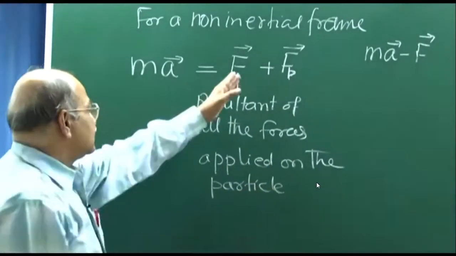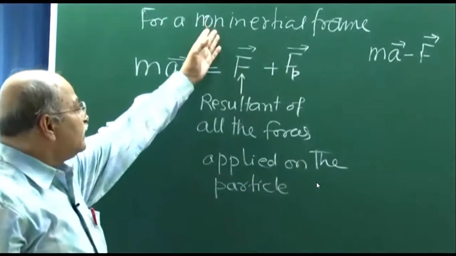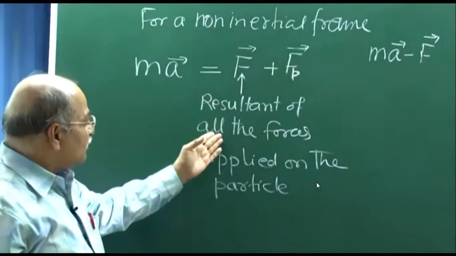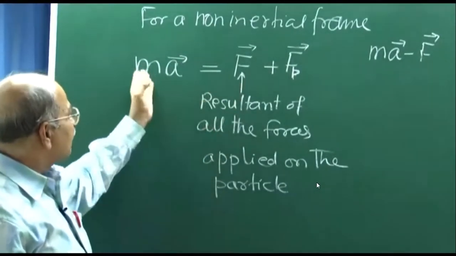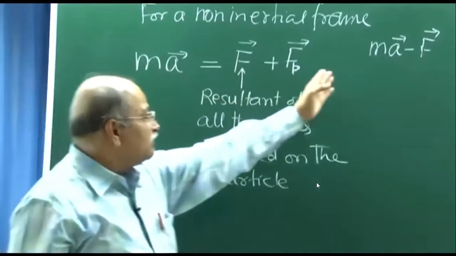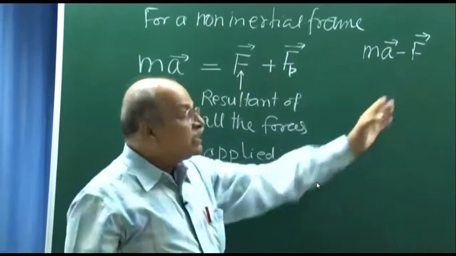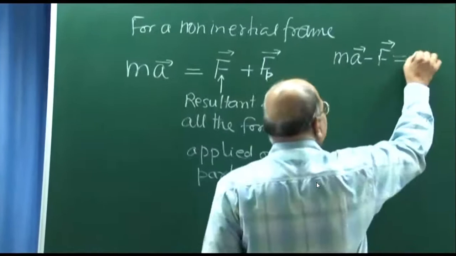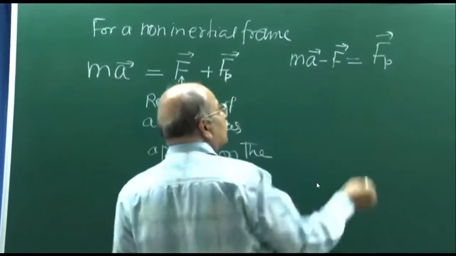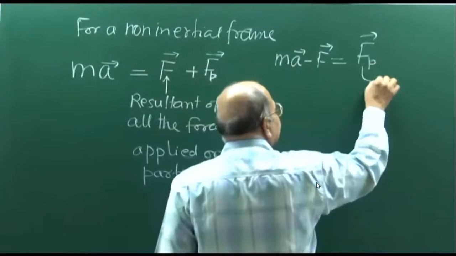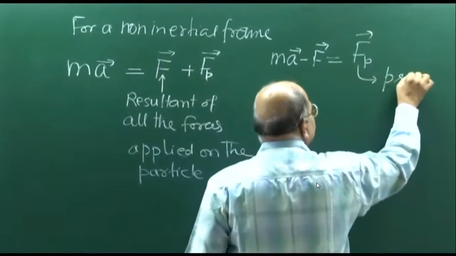And if this frame is non-inertial, resultant of all the forces applied on the particle is not same as mass times acceleration. So, ma minus F will not be 0, and that we are writing as F_p. And this extra term which is coming because of this non-inertial frame is known as pseudo force.